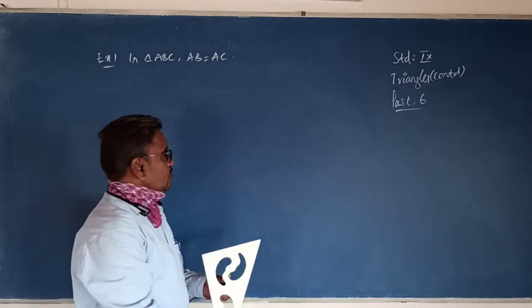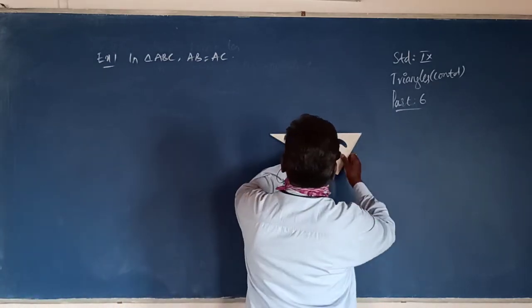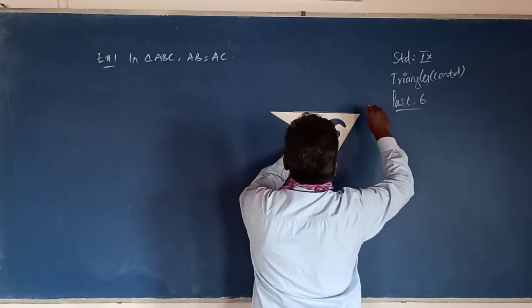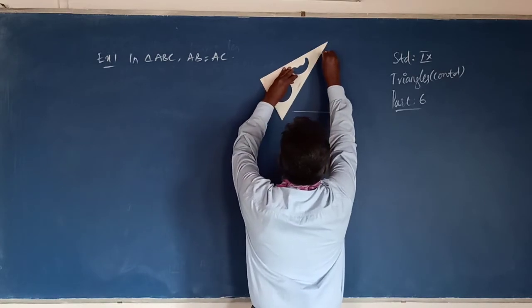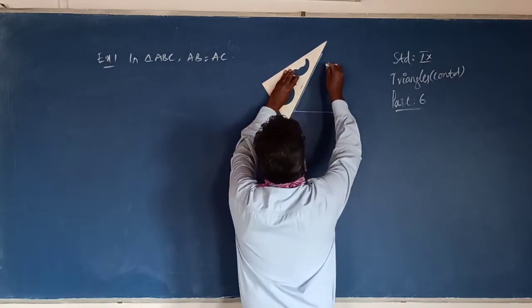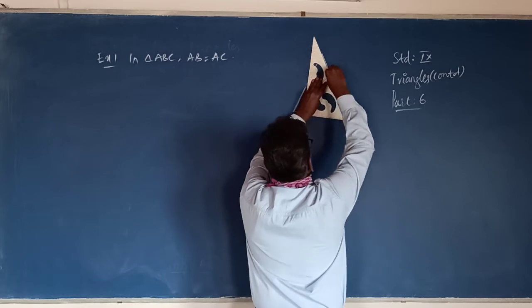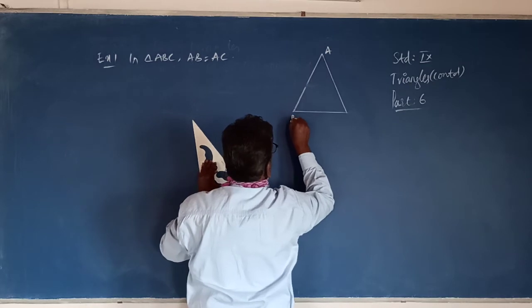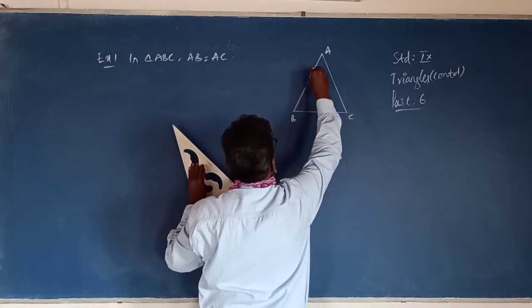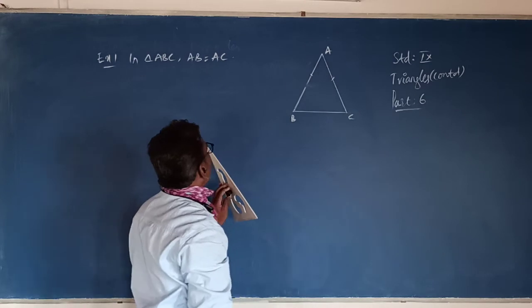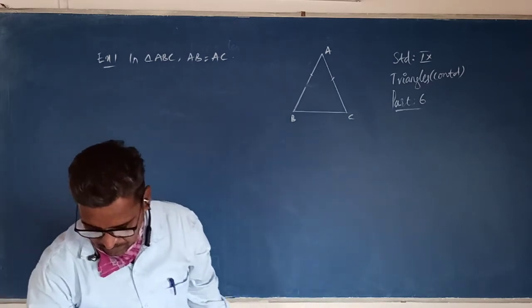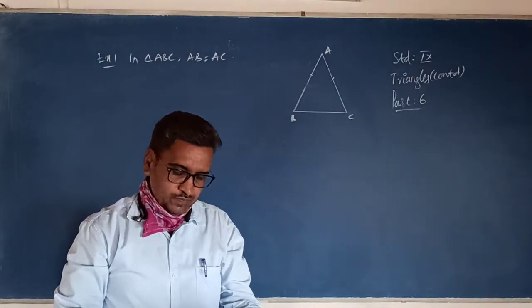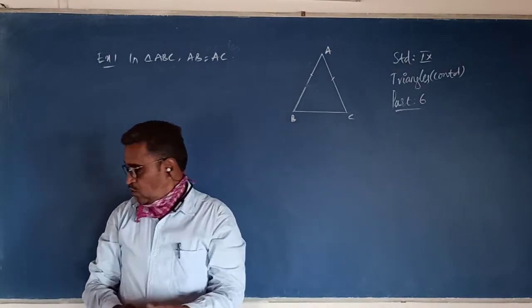In triangle ABC, the given is AB equals AC. The question is, the bisectors of B and C intersect each other at O.